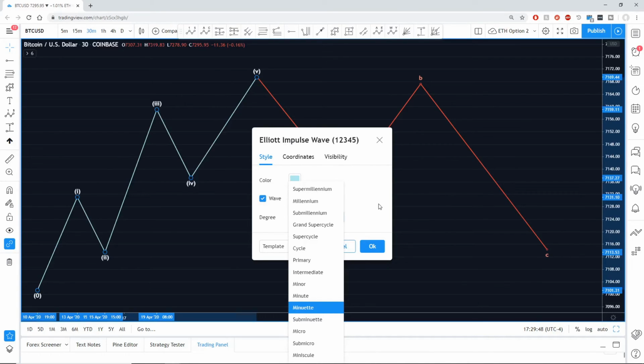For example, it doesn't matter if we're currently in the cycle or if we're currently in a sub-millennium. The more important thing to understand is when a big move is coming in a large degree setting. We want to make sure that we're correctly labeling every single one of our waves relative to every other wave in terms of the degree that we choose in order to keep our chart straight and accurate.